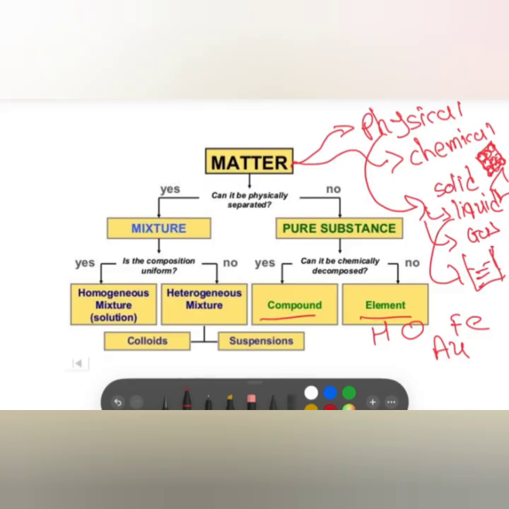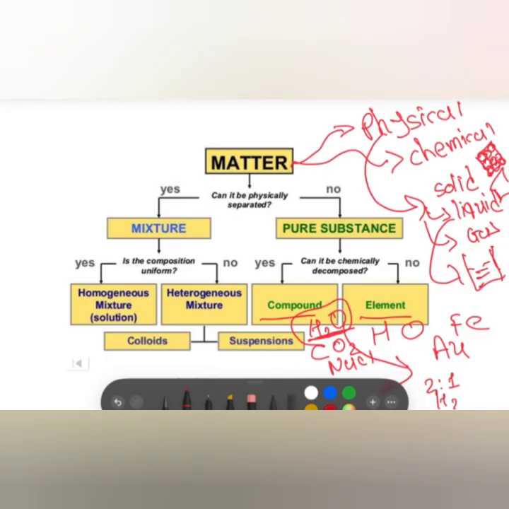A compound is formed when two or more elements combine chemically in a fixed ratio. For example, water is H2O, carbon dioxide is CO2, sodium chloride is NaCl. Here all the ratios are fixed. In water the ratio is 2:1.